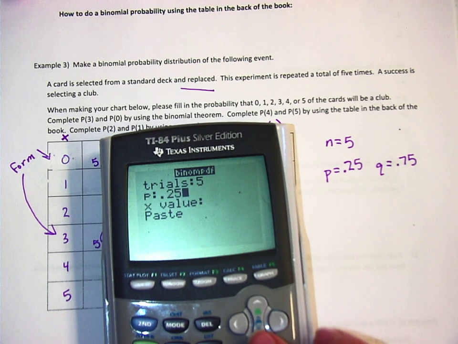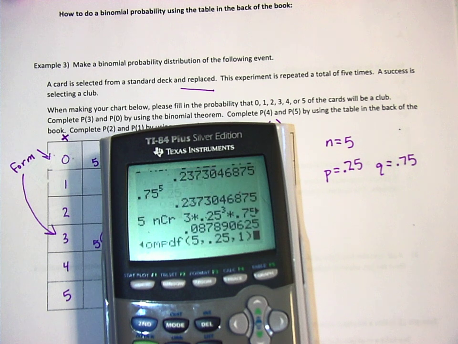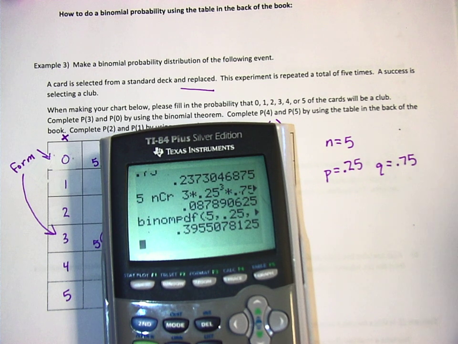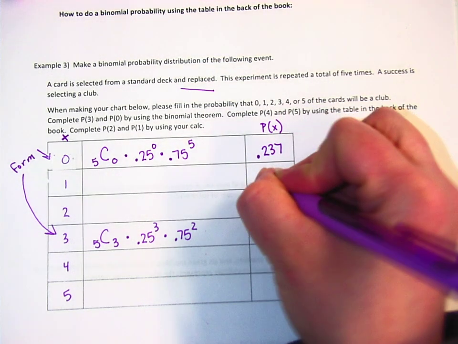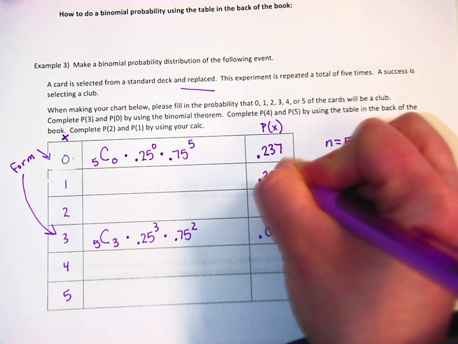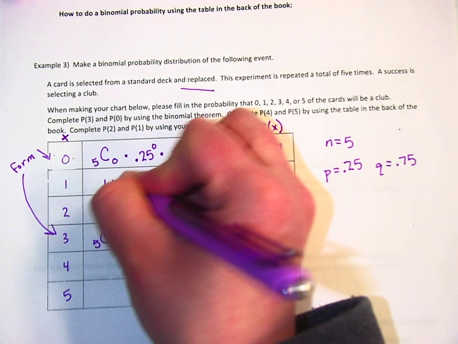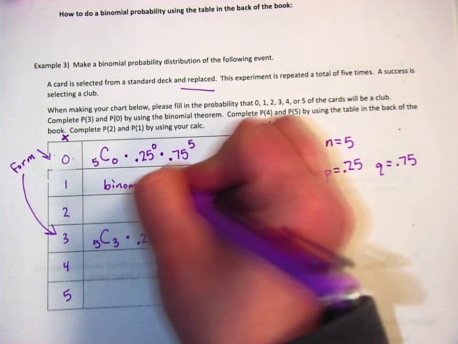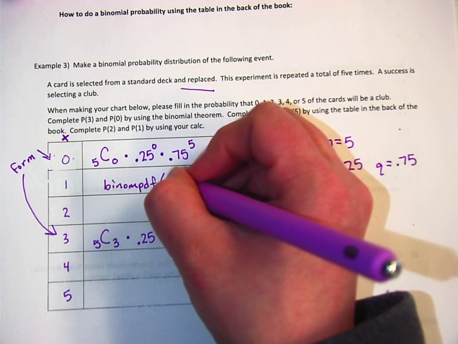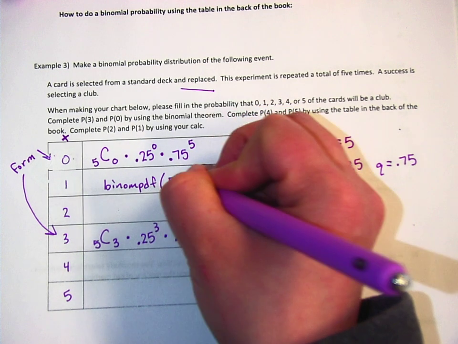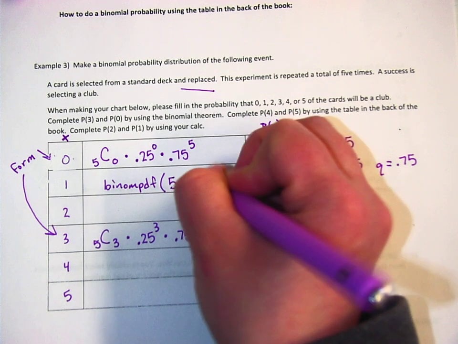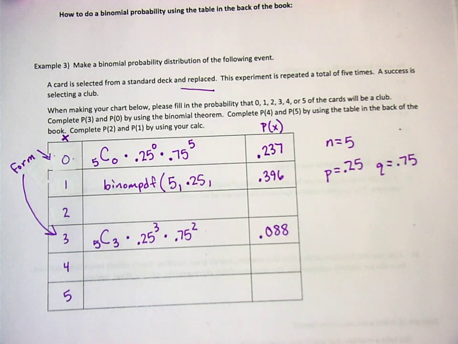My probability of success is 0.25, and my X value for the first one is 1, which gets me 0.396. I'm going to write here binomial PDF. Let's see, NPX, so it would have been 5, comma, 0.25, comma, 1.